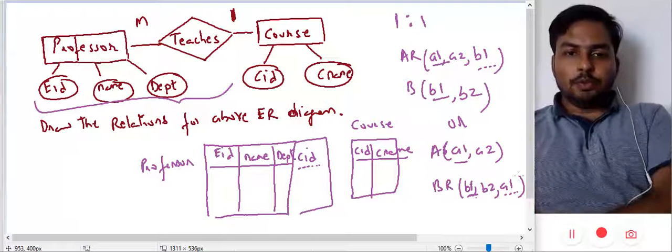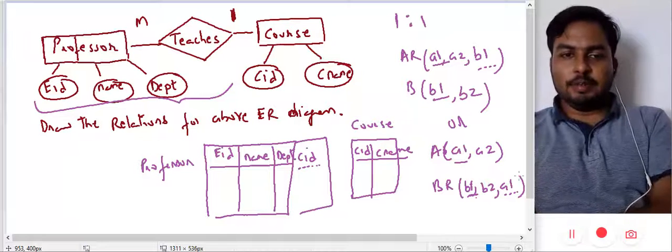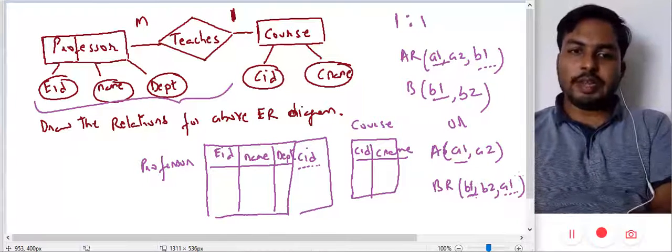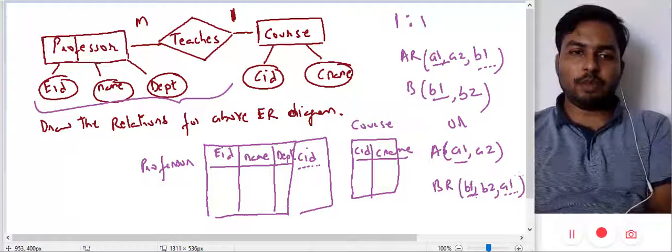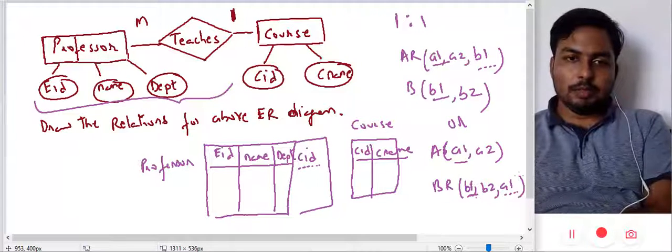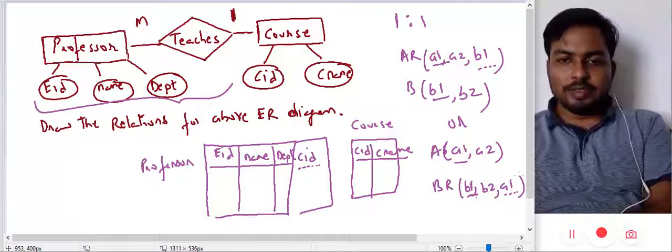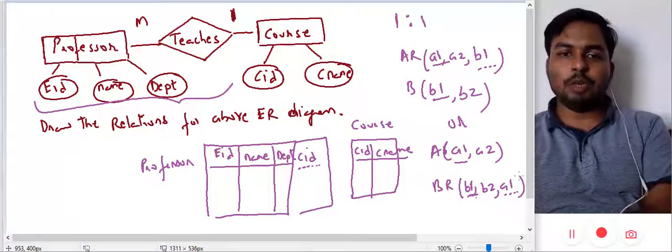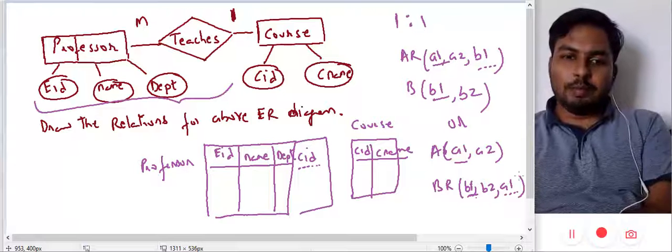So far it was pretty easy. If you are given two entities and you have to draw the relational model from the ER model, it's not that difficult if you know these three classifications. But things become a little more complicated.